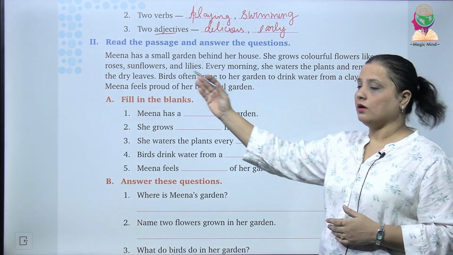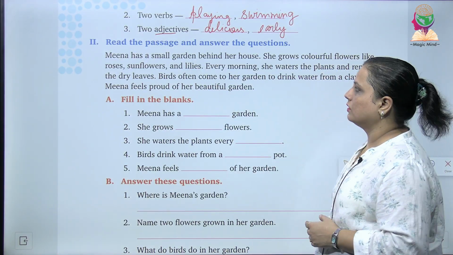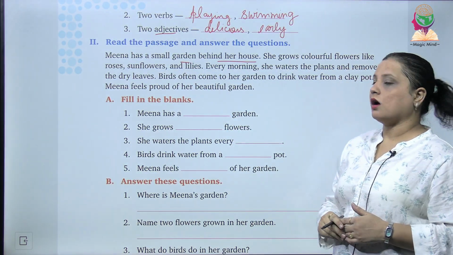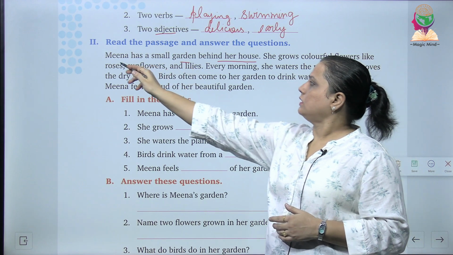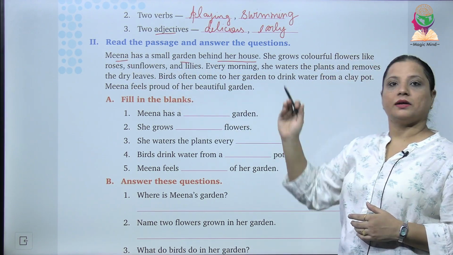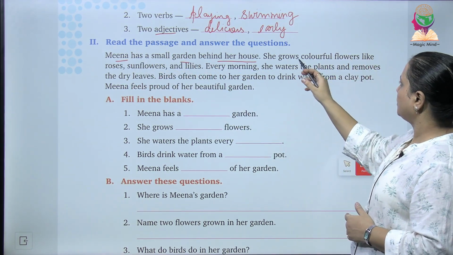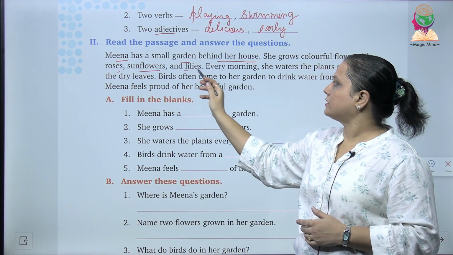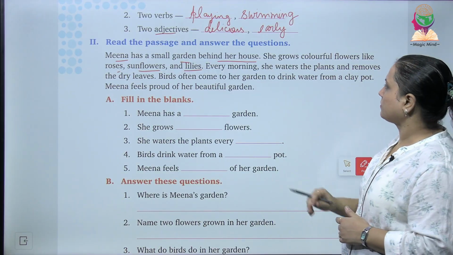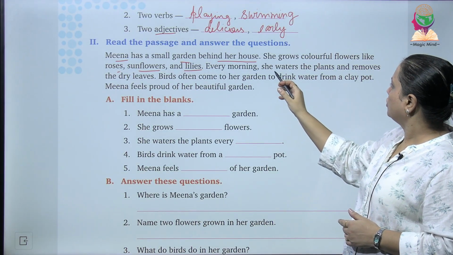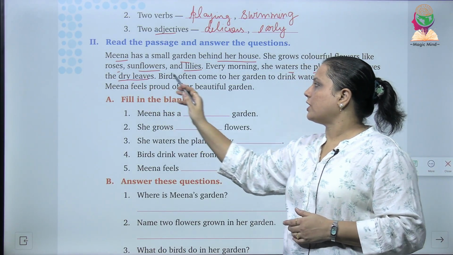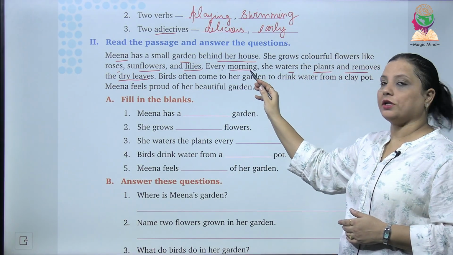Now let's quickly read the second passage. Meena has a small garden behind her house. There was a girl named Meena who has a garden behind her house. She grows colorful flowers like roses, sunflowers and lilies. Every morning she waters the plants and removes the dry leaves. So what does the girl do every morning?